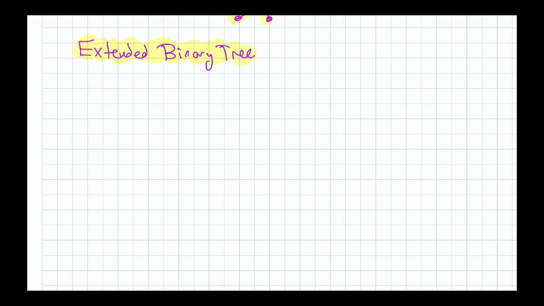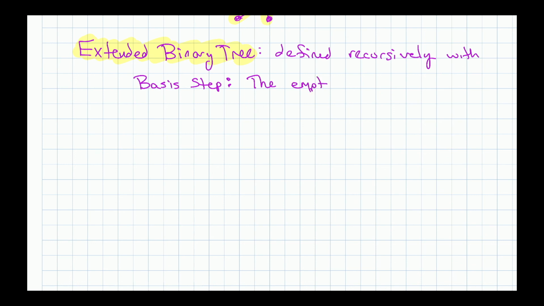All right. So what's an extended binary tree? These are defined recursively with these steps. So of course, just like before, we're going to have a basis step. What's that? A little bit different than previously. We're going to say the empty set. So nothing is an extended binary tree.